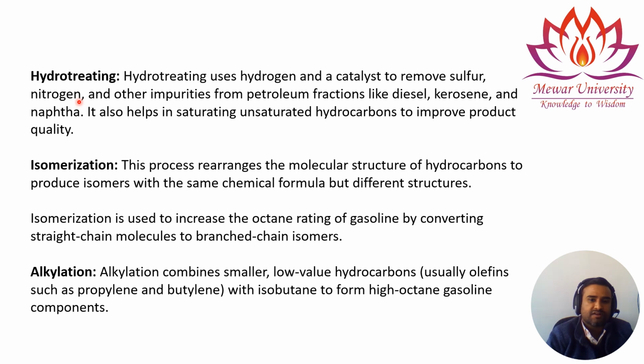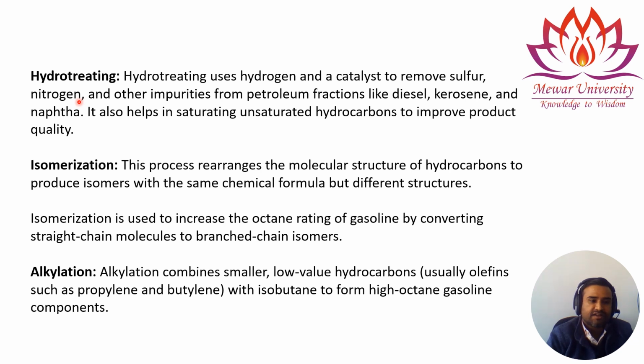So small alkanes are combined to convert into the valuable product. It combines the smaller low value hydrocarbons, usually olefins such as propylene and butylene, with isobutane to form a high octane gasoline component.